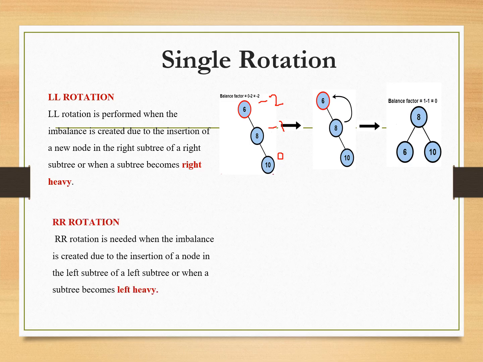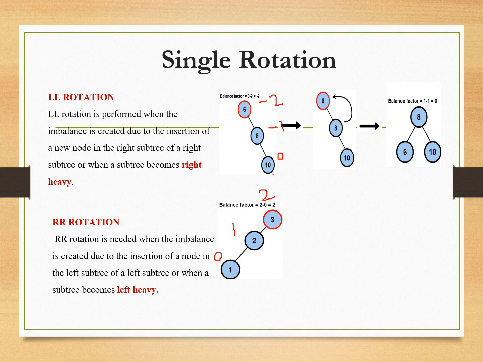Similarly, we have right rotation also. When the left hand side is heavy, you have to make it balanced by pulling to the right. The balancing factor of 1 is 0. Balancing factor of 2 is 1 minus 0. Balancing factor of 3 is 2 minus 0. It is 2. So here node 3 is imbalanced.